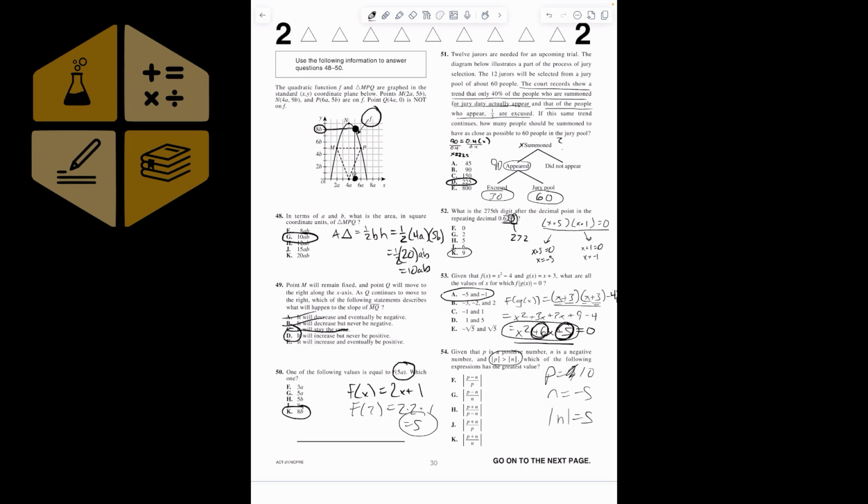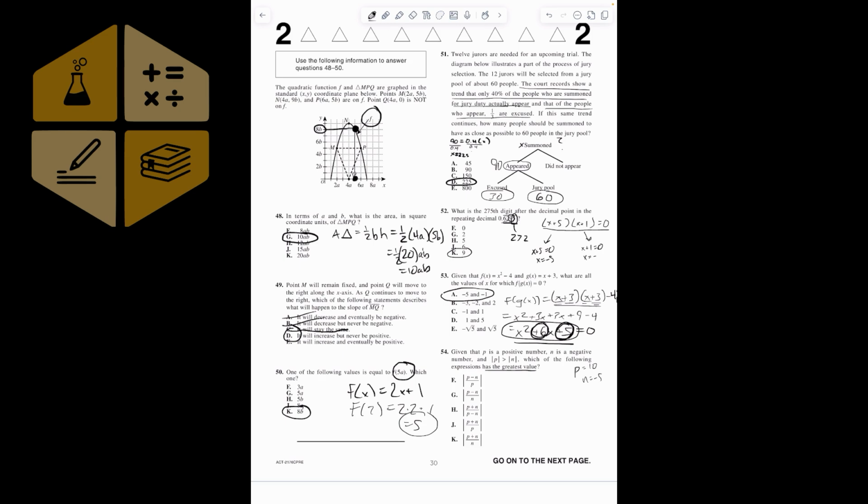So now what I want to do is plug 10 and -5 for p and n respectively into these 5 answer choices and see which of these is going to be the greatest value, which is what the question is asking of us. So which of the following expressions has the greatest value? I'm sorry I erased it, but p equals 10, n equals -5.